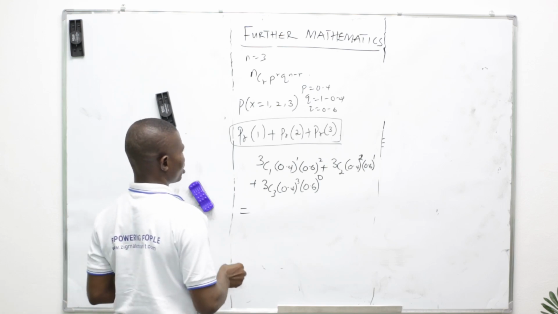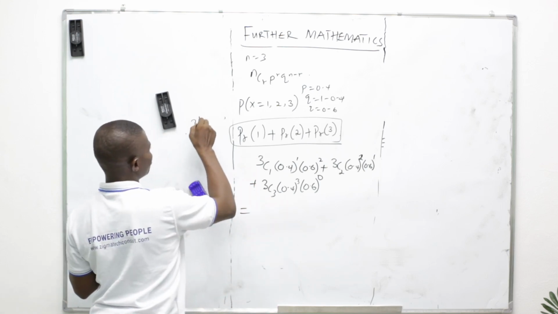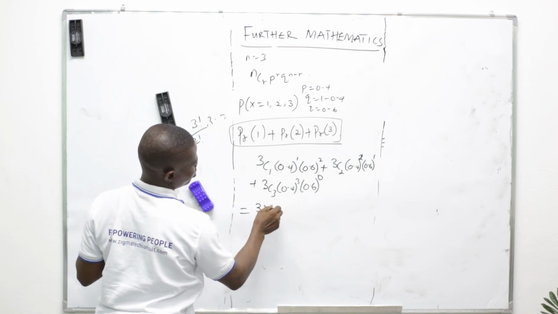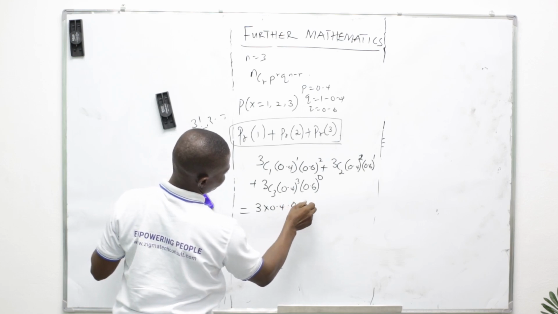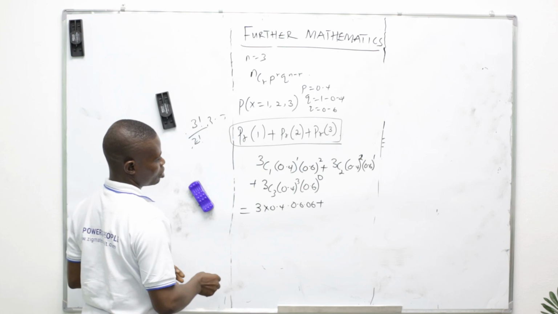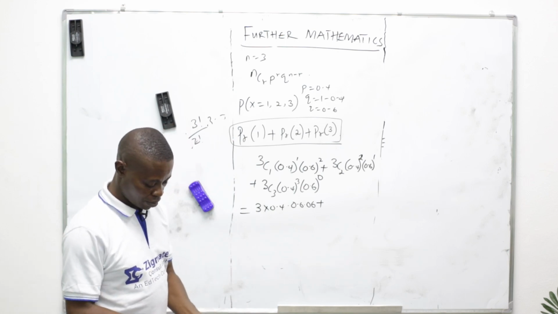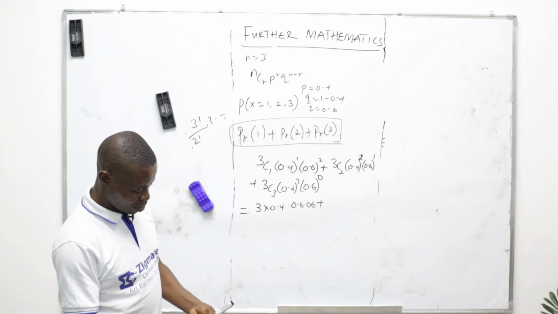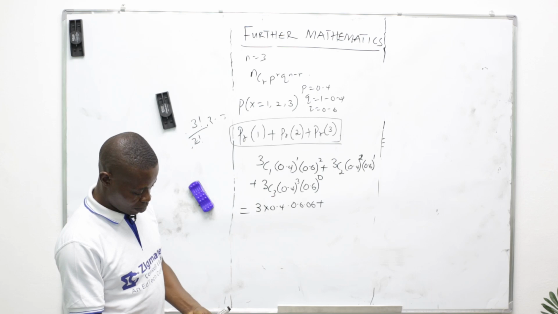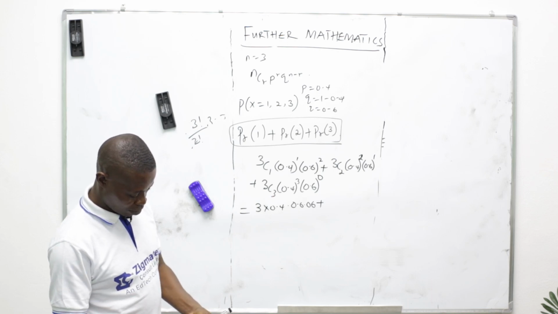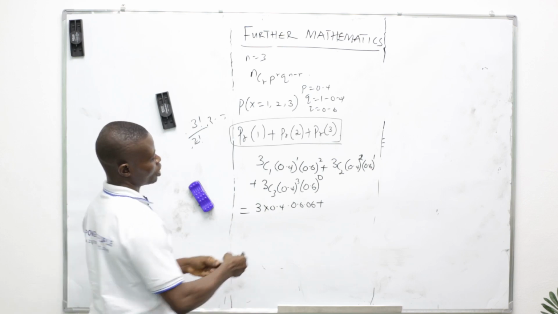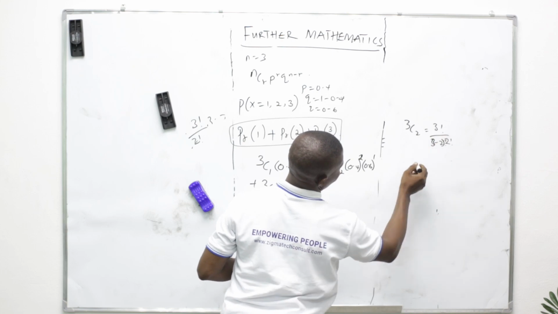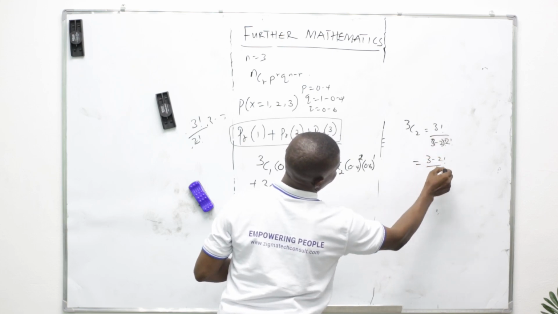Okay, 3 combination 1, 3 factorial over 2 factorial, that's 3 times 0.4 times 0.6 times 0.6 plus 3 combination 2, 3 factorial all over 3 minus 2 factorial, okay, 3 times 2 factorial all over 2 factorial equals 3.